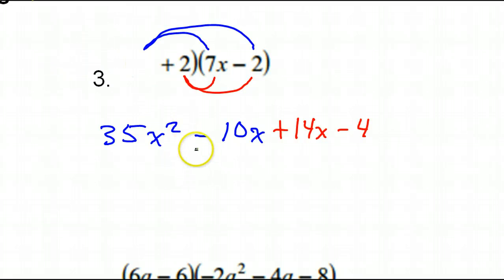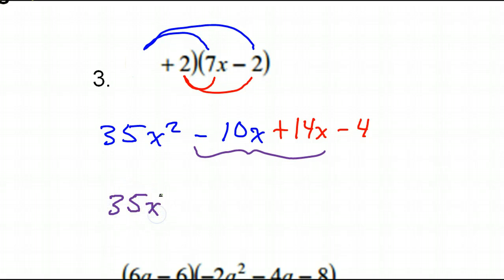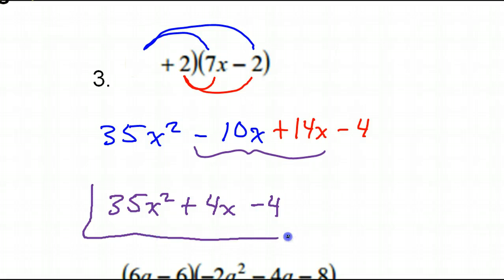Our like terms are right here. So we will bring down the 35x squared, and then plus 4x, and then minus 4. Okay, that is number 3.